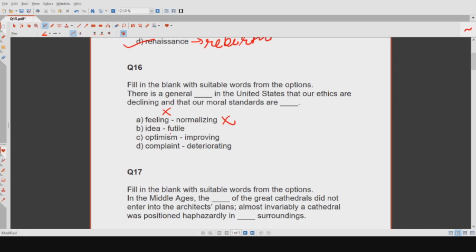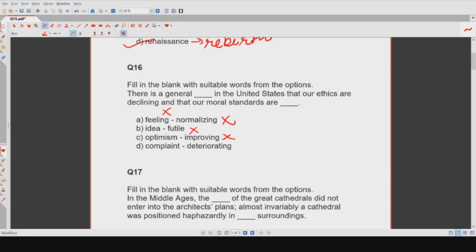Second, idea, futile. There is a general idea in the United States that our ethics are declining. No, this is completely a wrong sentence because on the basis of idea they can't decide. We can't decide anything. Third, optimism and improving. There is a general optimism in the United States that ethics are declining and that our moral standards are improving.